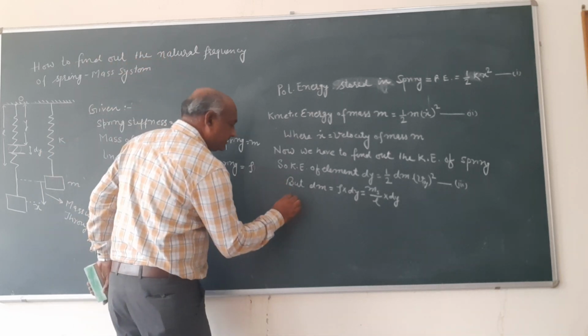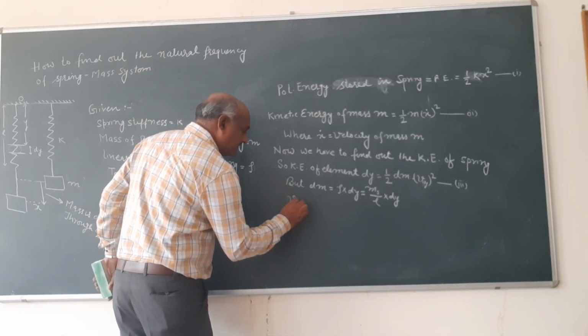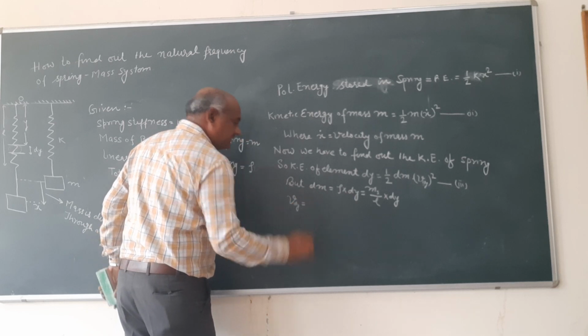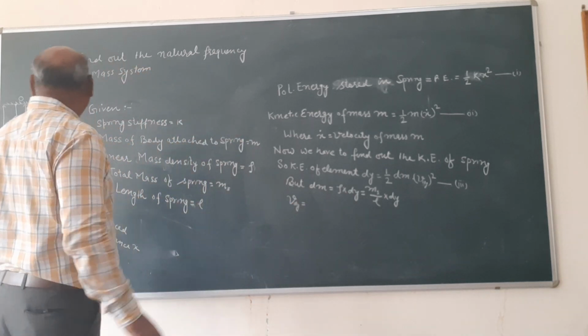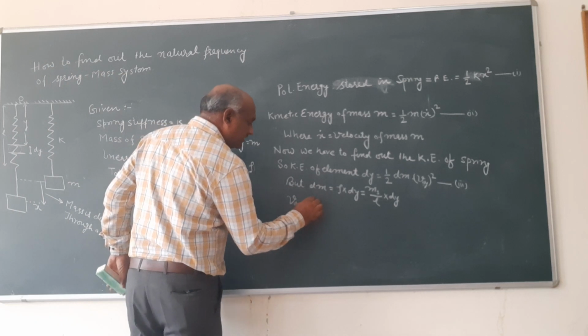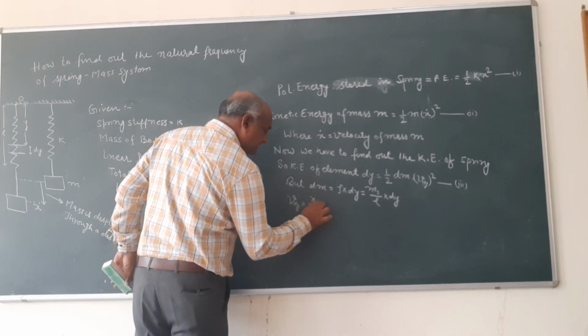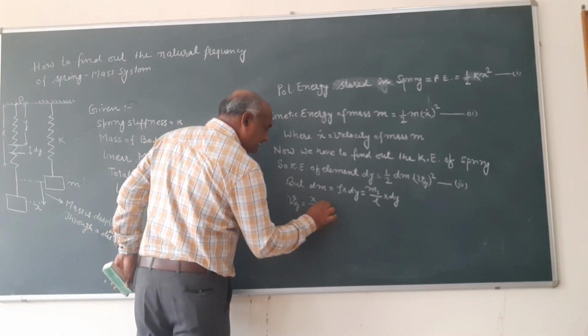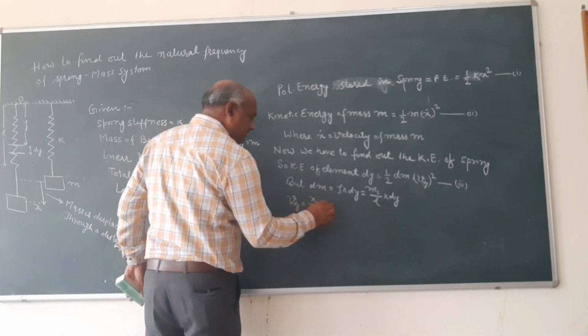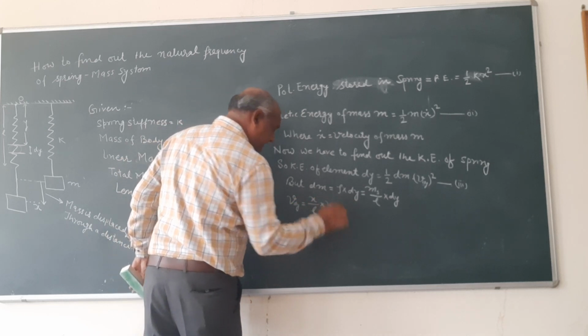And the velocity of element dy is equal to x dot divided by L into y.